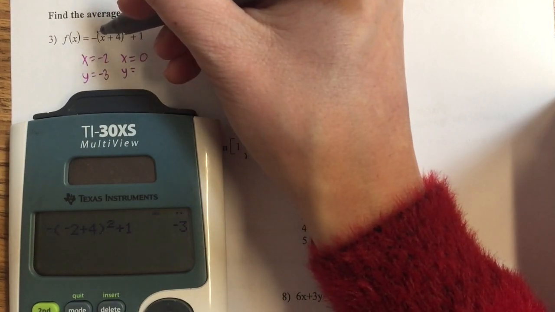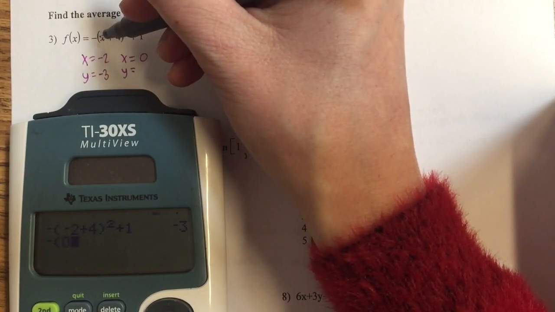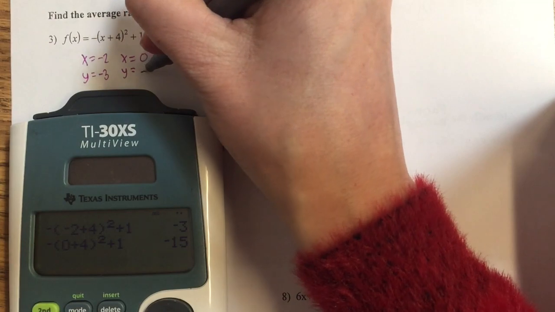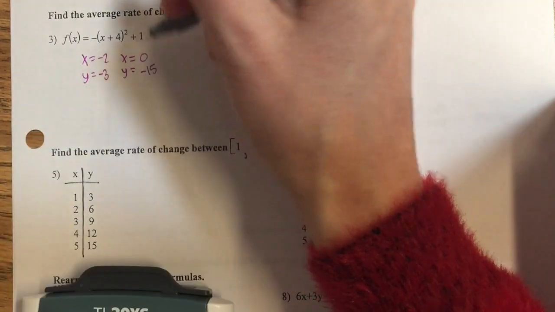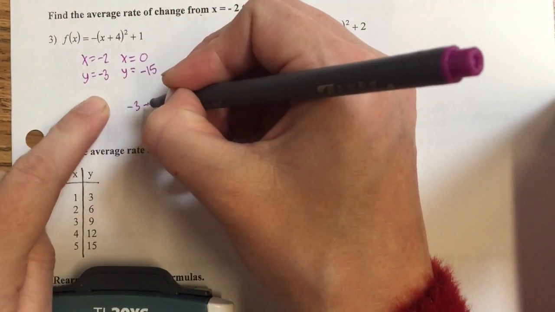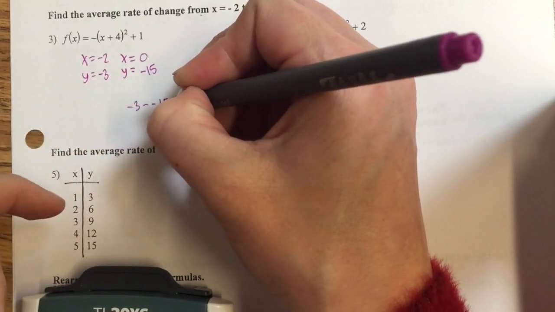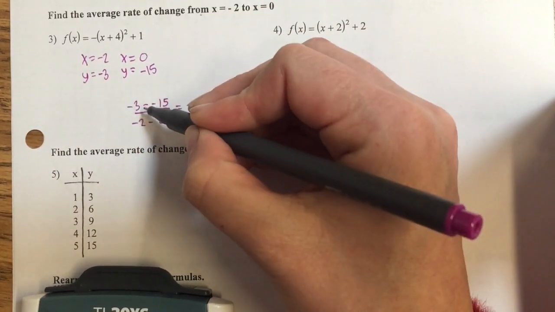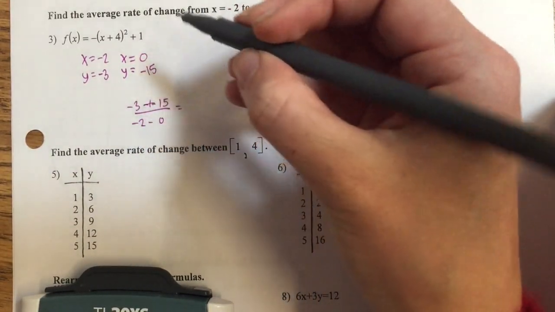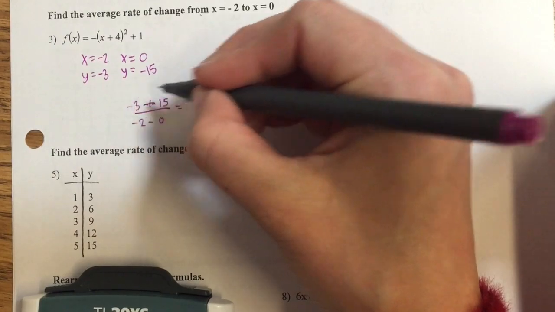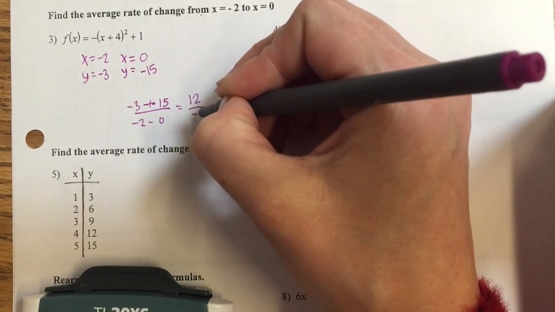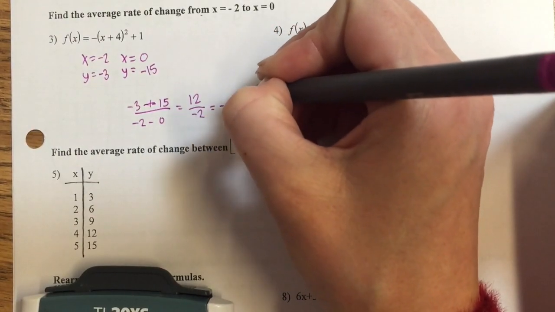Then I plug in a 0 plus 1, negative 15. Y minus y over x minus x. 2 negatives will become a plus. 15 will become, that's 12 over negative 2, which would equal negative 6.